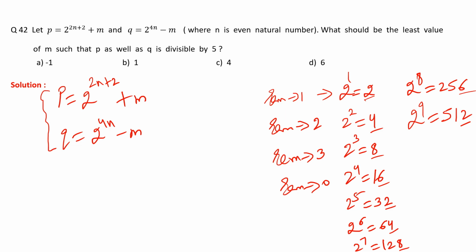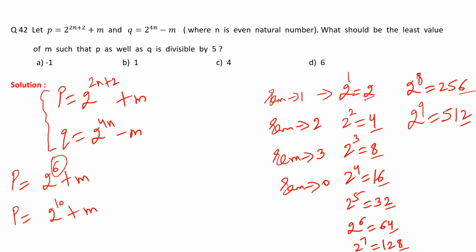Now it's mentioned that n is an even natural number and p is 2 to the power 2n plus 2 plus m. So what can be the possible values of p? If I put n as 2 suppose, then it will be 2 to the power 6 plus m. Similarly, if I put n as 4 suppose, it becomes 2 to the power 10 plus m.